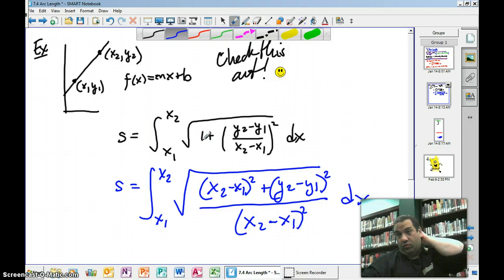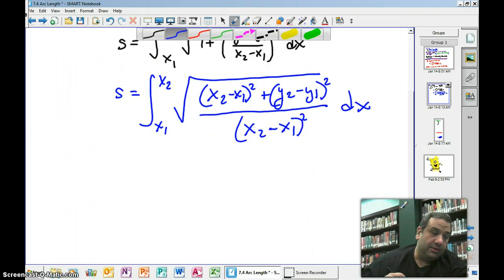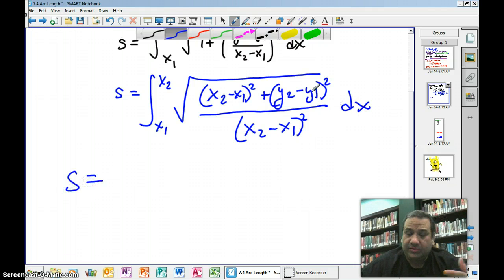So all I did was make one x squared, x2 minus x1 over x2 minus x1 squared. Both of them are squared. You can put the tops together, beautiful. Okay, so now I'm going to integrate this. When you integrate this, I'm doing it with respect to x. I don't see any x's here. I see x1s, I see x2s.